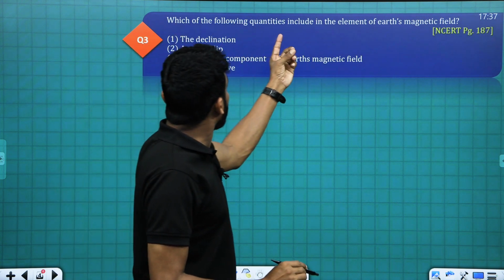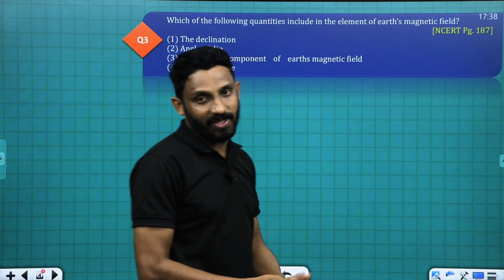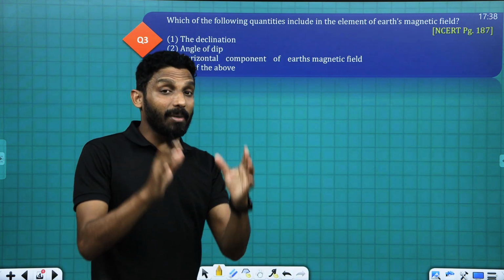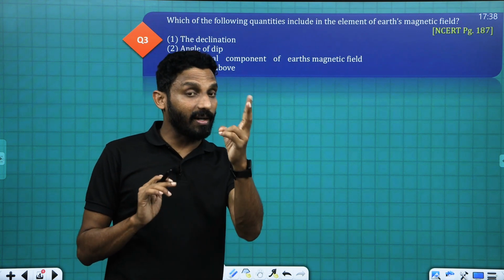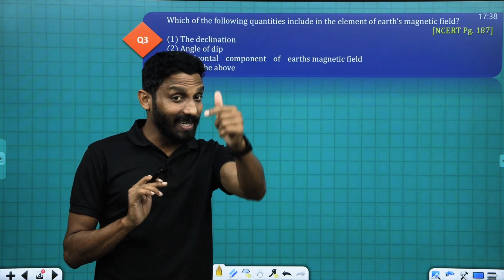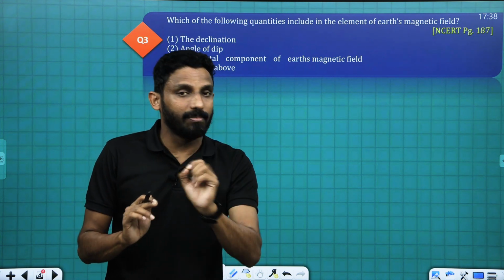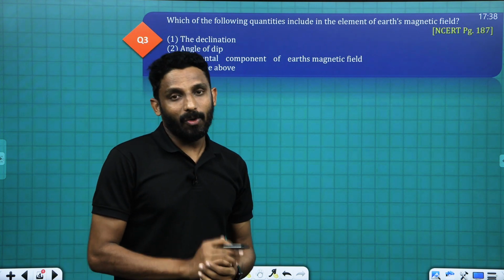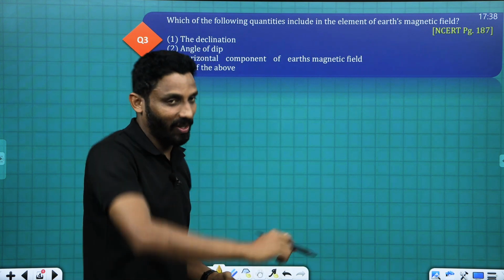Which of the following quantities are included in the elements of Earth's magnetic field? The magnetic elements of Earth are 3. Out of them, 2 are angles: inclination and declination. Inclination is also called the dip angle. The third one is the horizontal component of Earth's field.